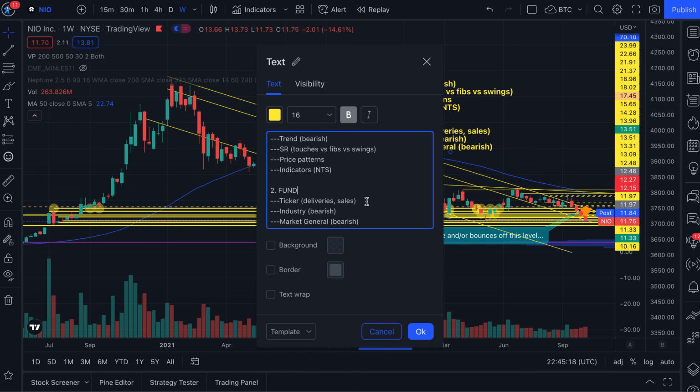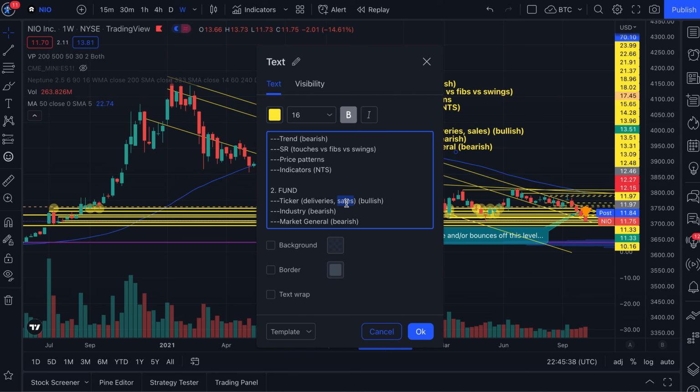And our only bullish catalyst was NIO specific news that they had improved deliveries year over year, and that they were making this new marketing sales push into Europe, which is their second biggest market.